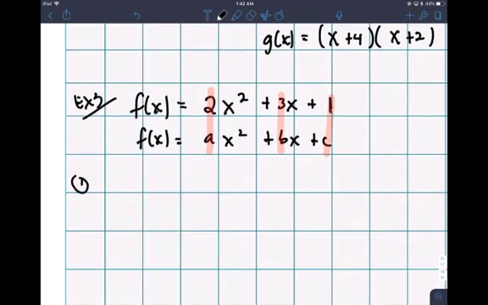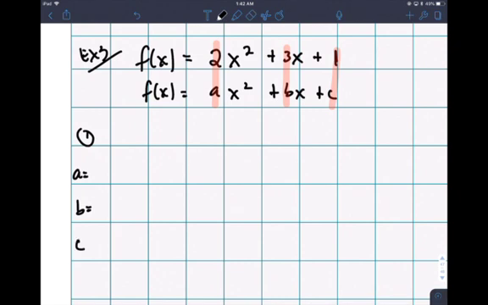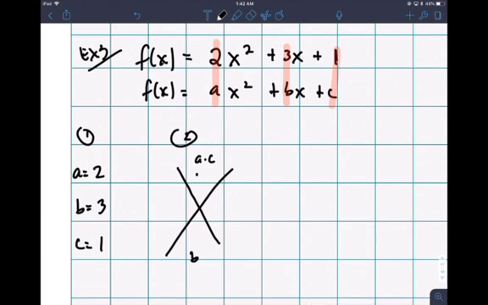Step number 1, identify a, b, and c. Notice that here a is equal to 2, b is equal to 3, and c is equal to 1. Step number 2, set up the x. A times c goes on top, b in the bottom. A is 2, c is 1, so 2 times 1 is 2. B is 3.